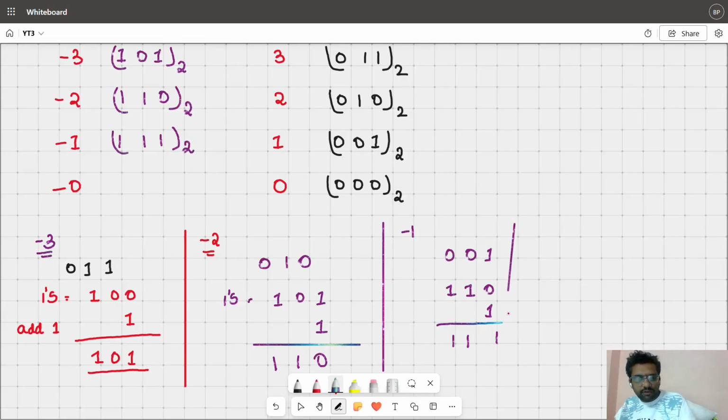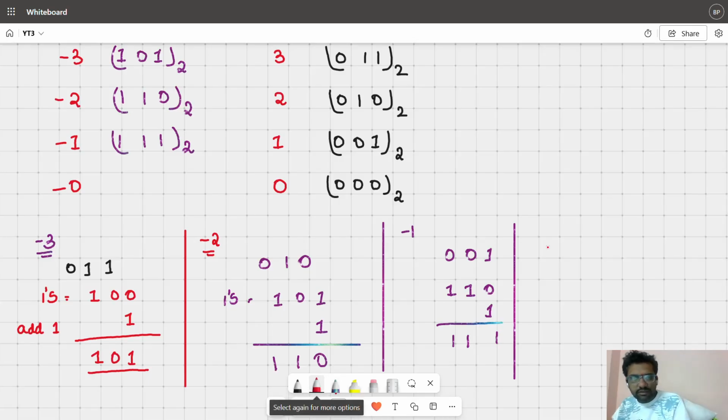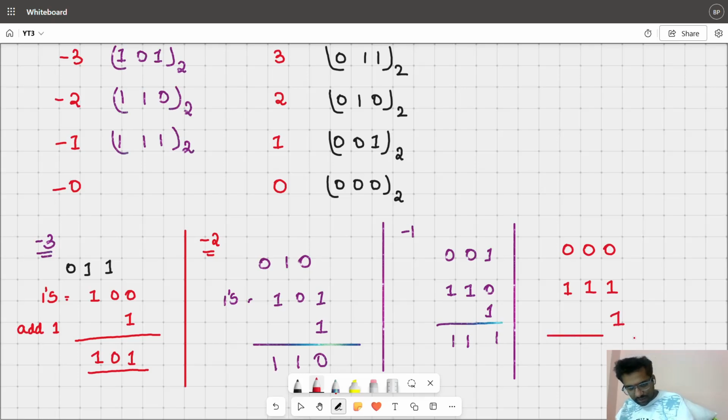And if I'm finding out minus 0, the 0 can be represented as 0, 0, 0. The ones complement equivalent for that will be 1, 1, 1. And if I add 1 to that, this one will become 0, 0, 0, and there is a carry of 1.